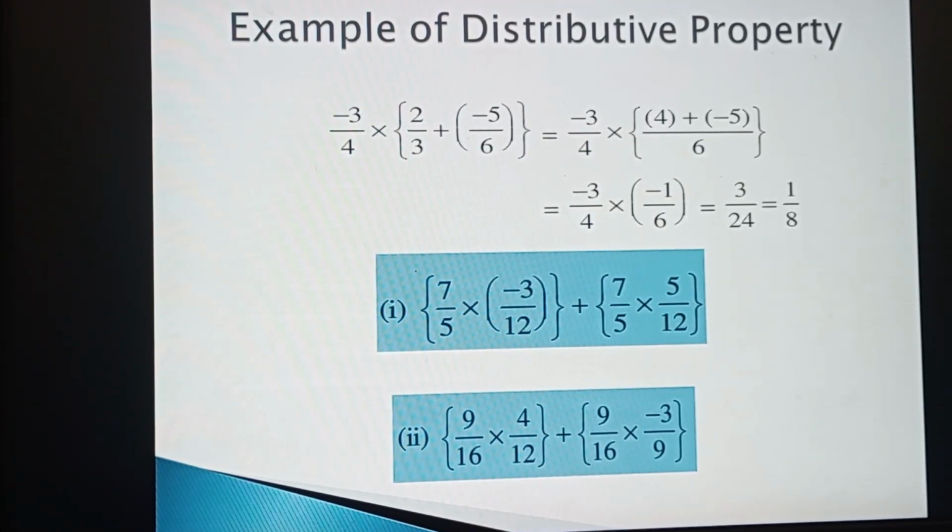Examples of distributive property. Here, in the first example, minus 3 by 4 is distributed over the addition of 2 by 3 and minus 5 by 6. We get the answer as 1 by 8. Here are two other examples.